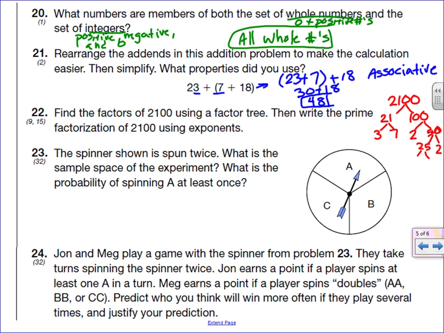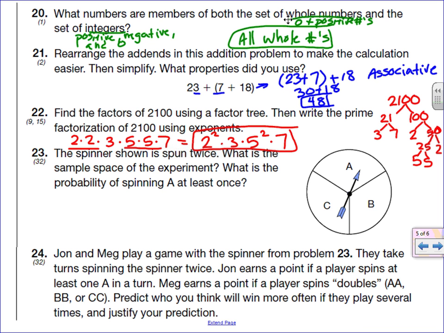And factors of 25 are 5 and 5. So I have 2 times 2 times 3 times 5 times 5 times 7 as my prime factorization, and then it wants me to write it with exponents. Well, I have 2 2's, so that's 2 squared. I have 1 3, 2 5's, so 5 squared, and 1 7. Sorry about that little hiccup there. Was able to find the problem though.